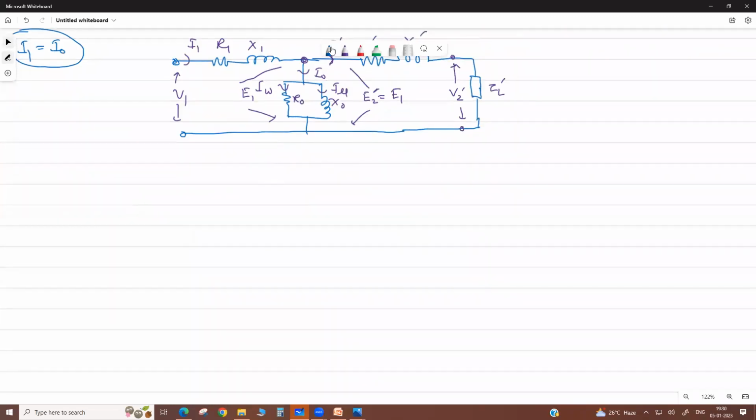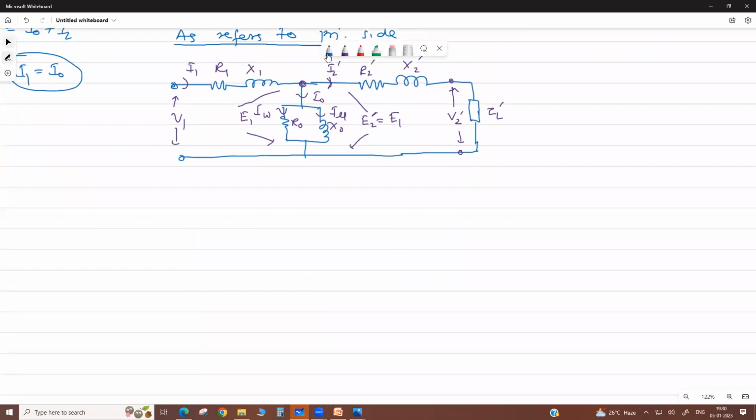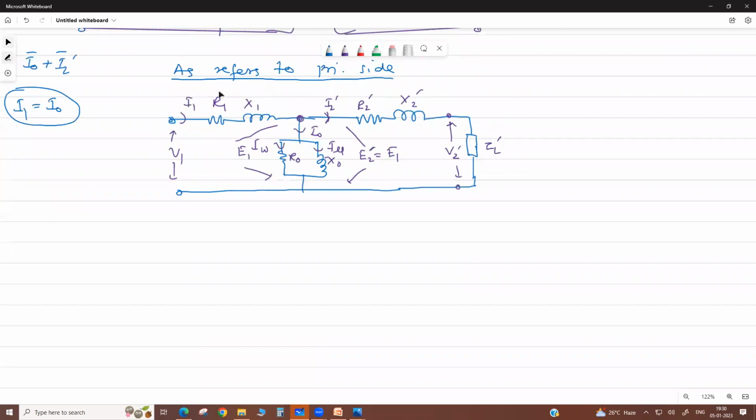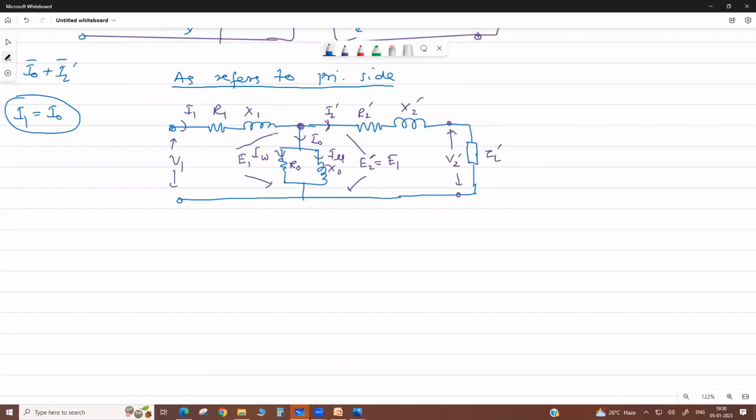Now my dear, as I told in the motor also, there is little difference if we shift this magnetizing branch to the load end.